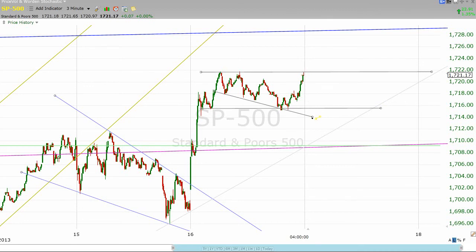The only other thing we could do is we could try to maybe interpret this as a flag, but right now I believe that's a little bit of a stretch. Let's just say that we spent most of the day today between 1715 and 1721 and change. And if we break out over this pattern, then we should be looking at a minimum move to 1728.